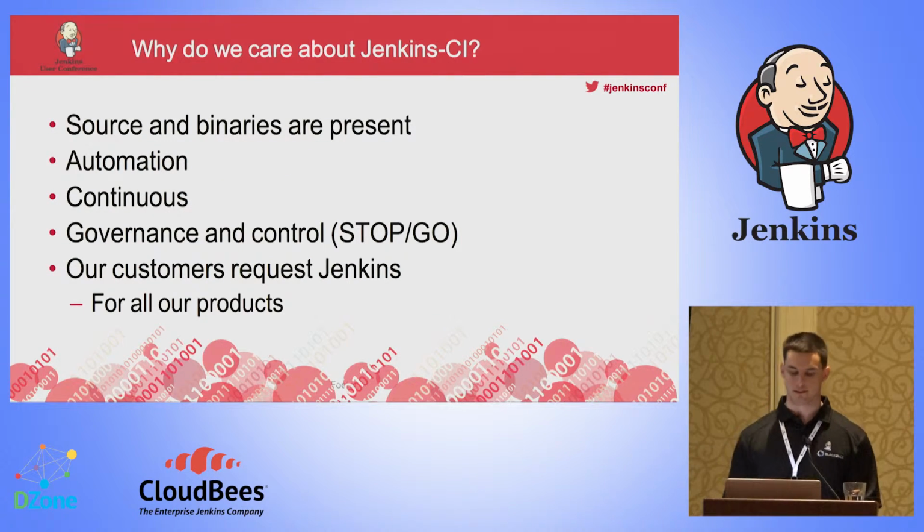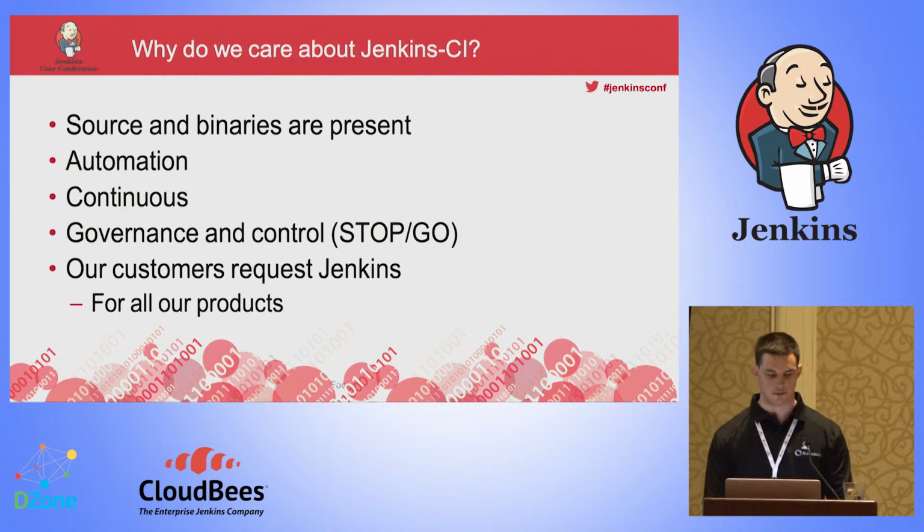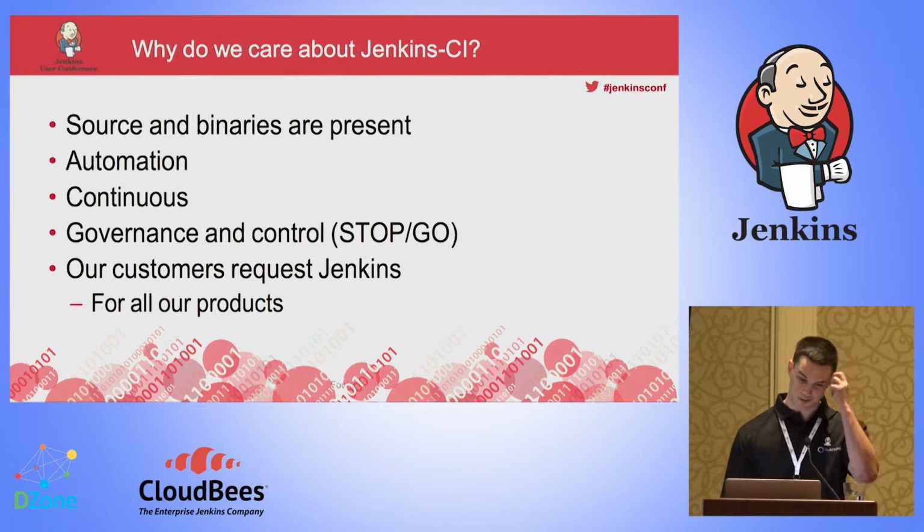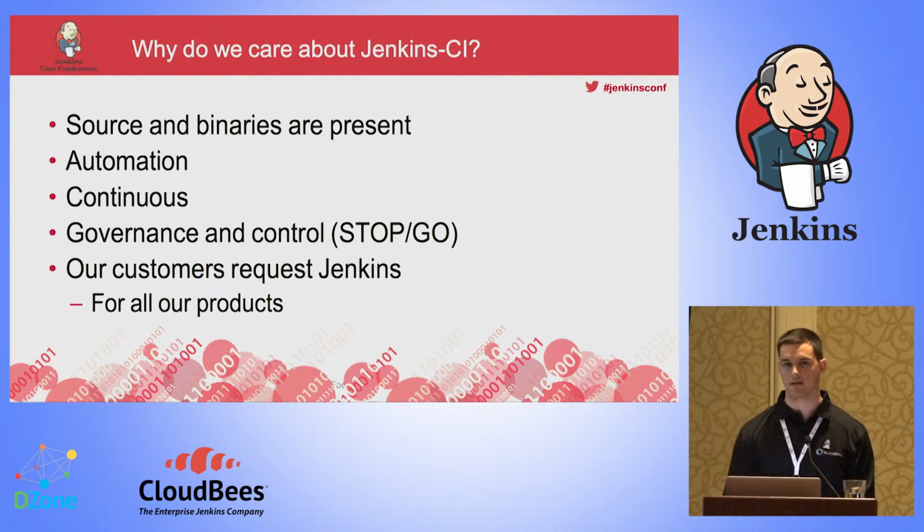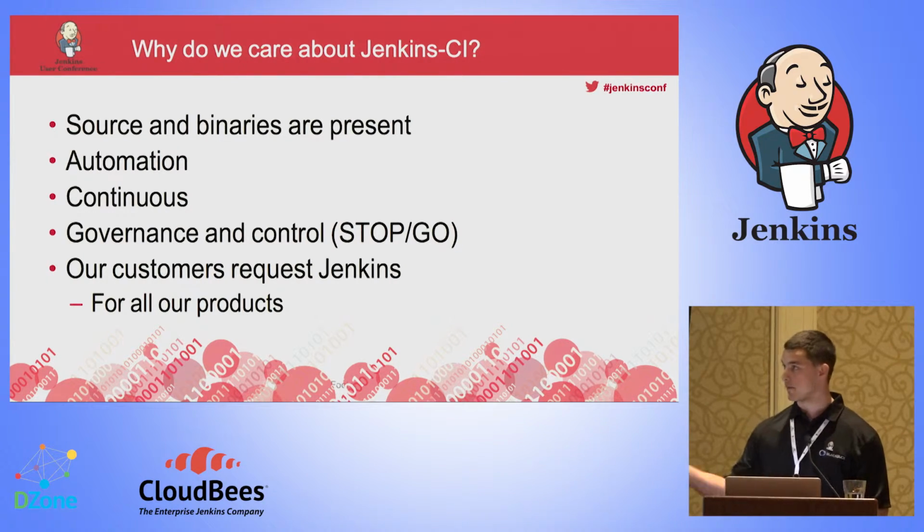So why do we care about Jenkins? Jenkins is helpful for us because a lot of the source is already there along with the binaries. So when we are doing our scanning, it's all in one place. We don't have to do a lot of looking. It's very easy for us to automate our scanning processes and our other products. So obviously we care about automation.